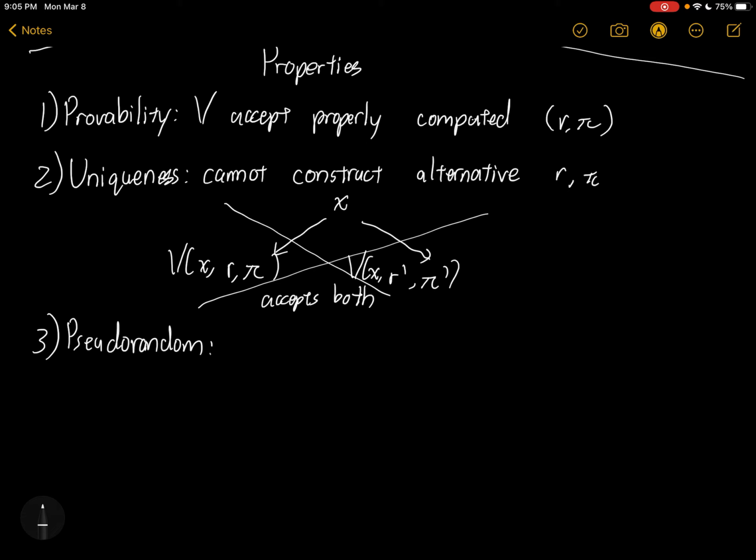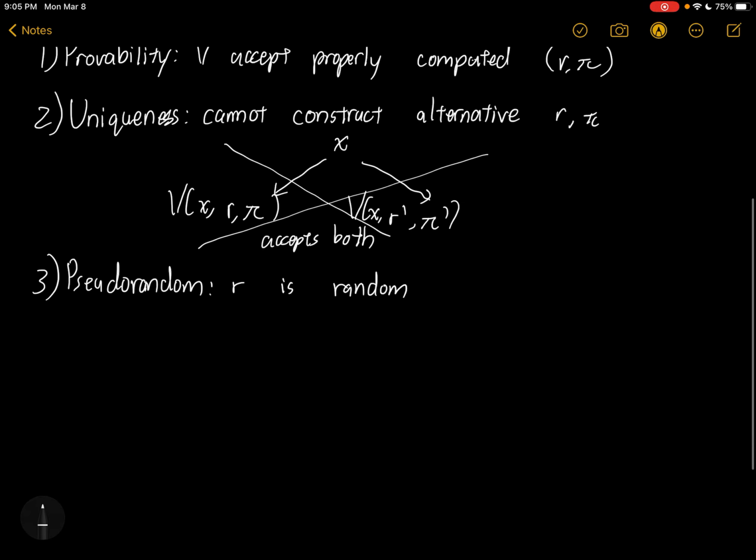And this basically states that r is random. In other words, everyone looking at the value of r should not be able to distinguish it from a sequence of bits that are chosen truly at random. So this is of course useful because now we have a situation where we can generate r and then use that in whatever application we are running that needs random bits.